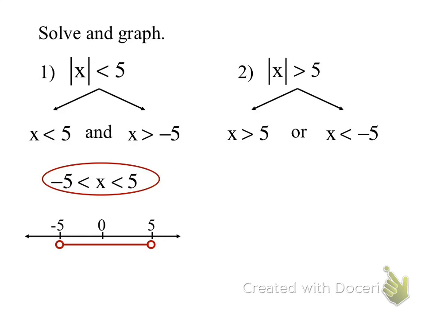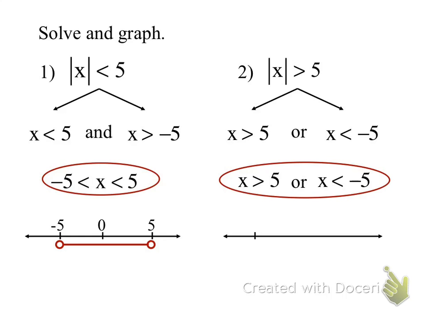Okay, next. I'm going to graph those. And it's an or statement, so is that an intersection or a union? Union. Is it a conjunction, disjunction? Okay, so it's the combination. So x is greater than 5. And x is less than negative 5.